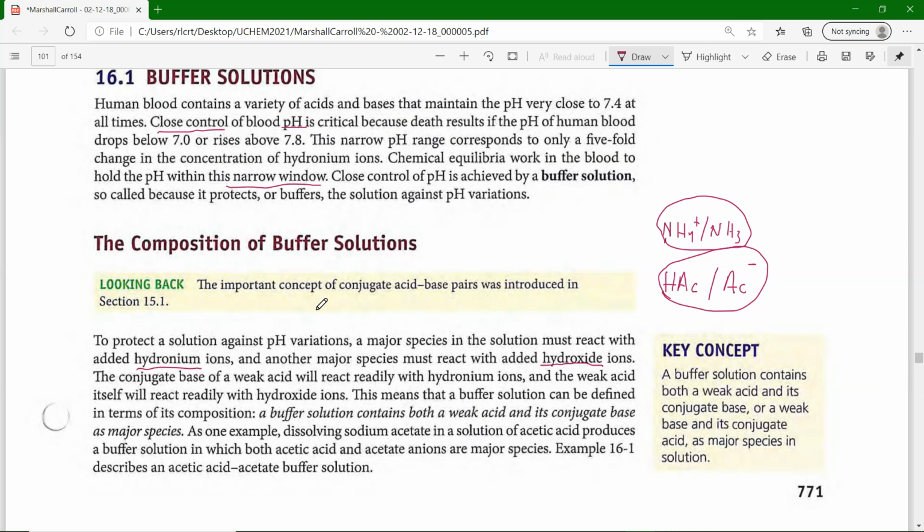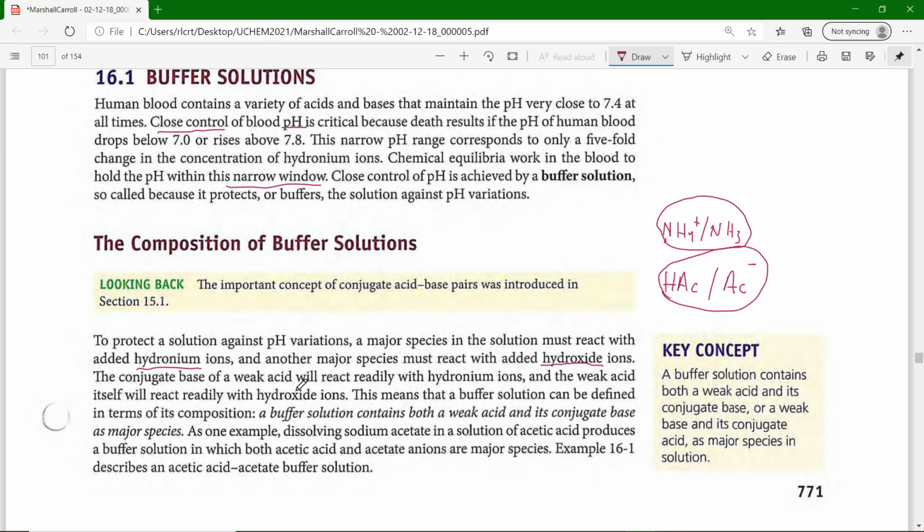Okay, so a buffer solution contains both a weak acid and its conjugate base. If you have a strong acid, then the conjugate base won't be in large enough amounts to try to attack incoming acids. So that's not a good choice of buffer.